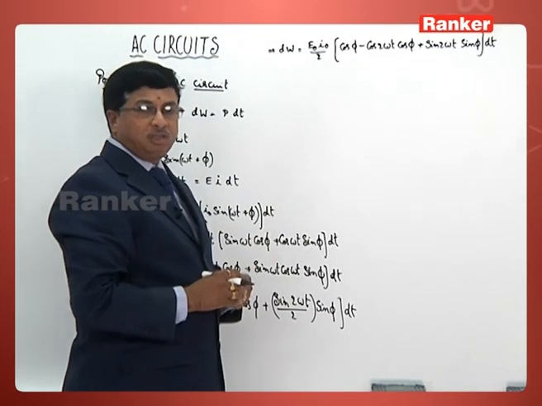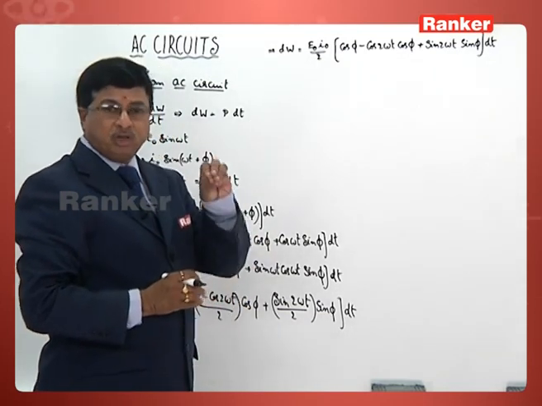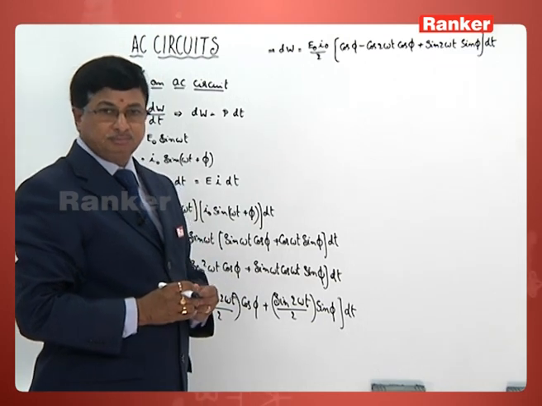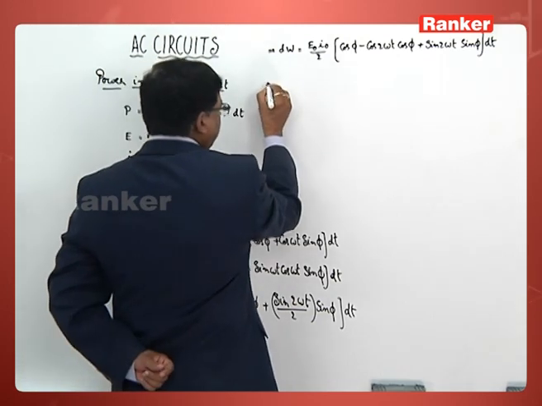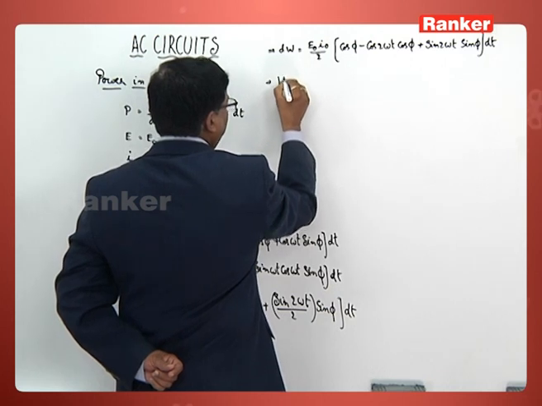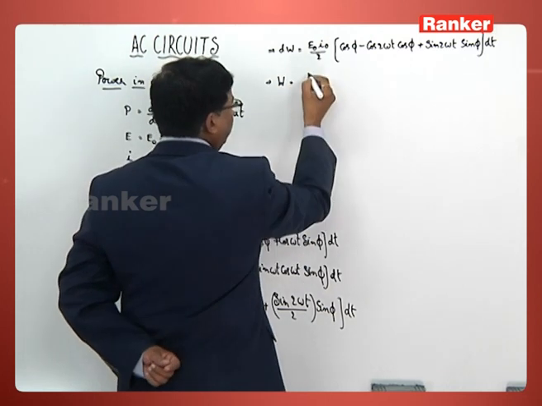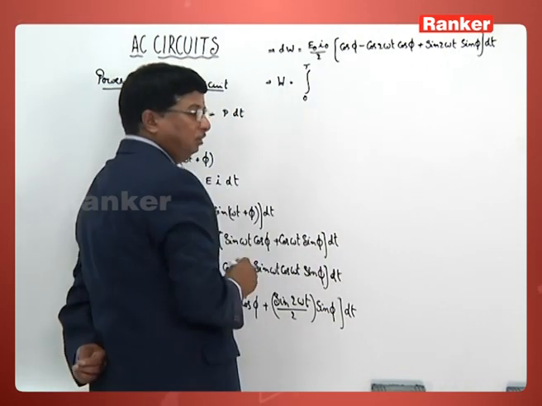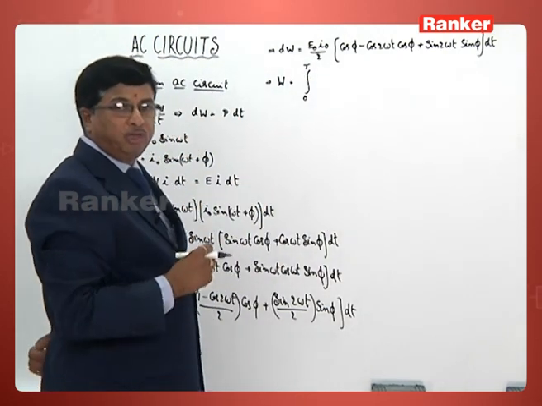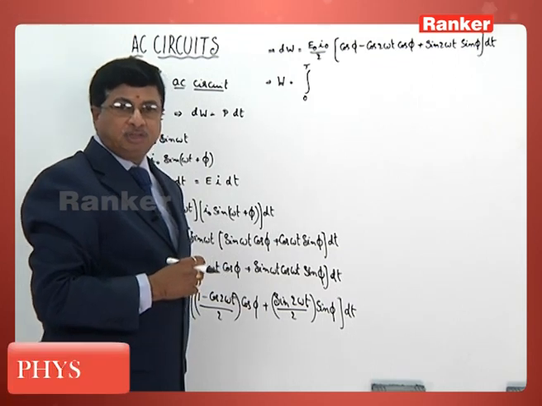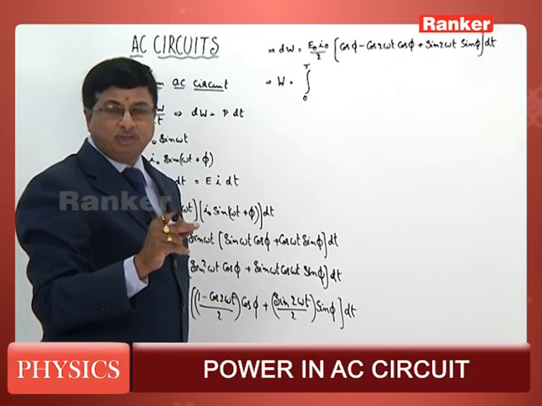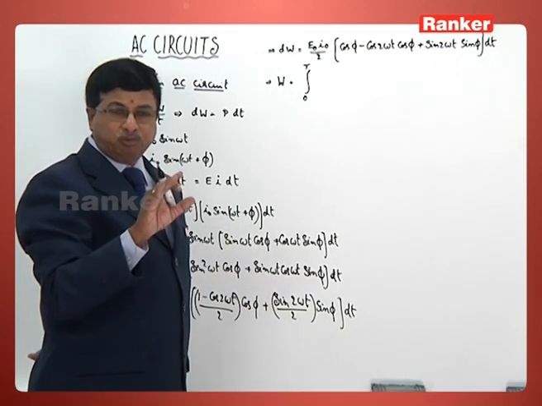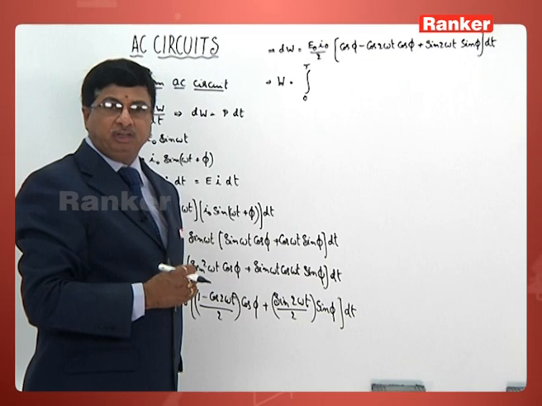But when we want the net work that has been done in the system, we should integrate this. So W now is equal to integral 0 to T. One complete wave we are considering. The time period of one complete wave is going to be capital T, so that capital T we are taking as the upper limit here.